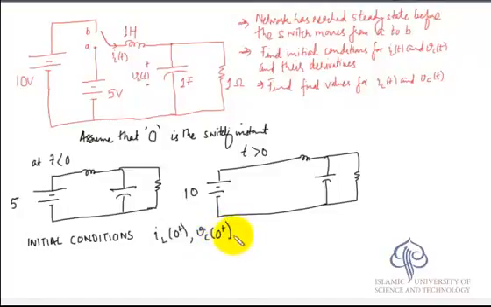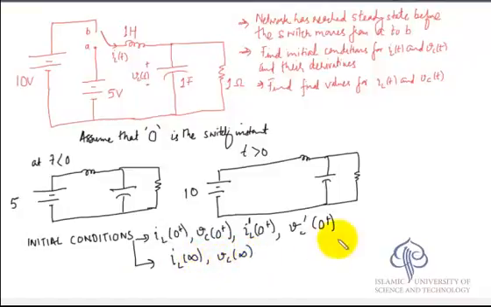And also what is IL dash at 0 plus, because we are asked to find the derivatives also. And what is VC dash at 0 plus? And we are also asked to find the final values. So we are asked to find IL at infinity and VC at infinity. So these are the quantities that we are interested in.